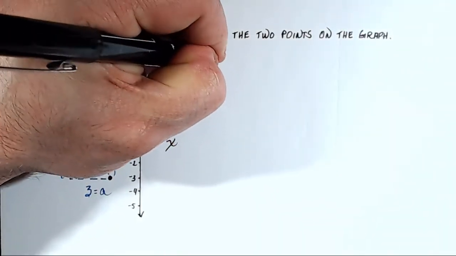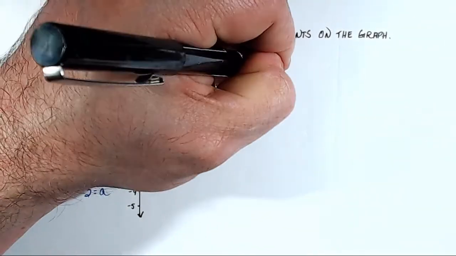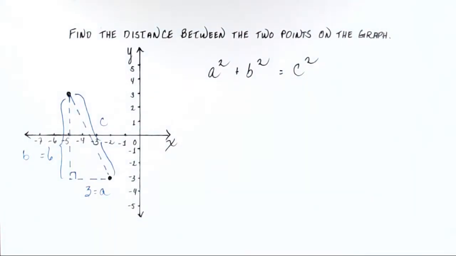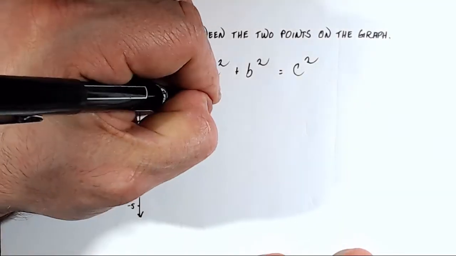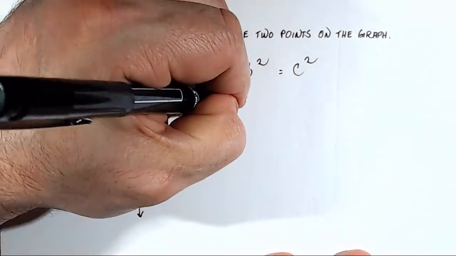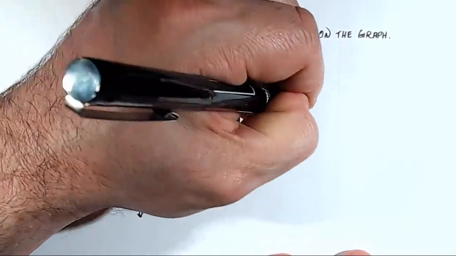We know that a squared plus b squared equals c squared. And we know that a is 3, so 3 squared, plus b is 6, so 6 squared, equals c squared.